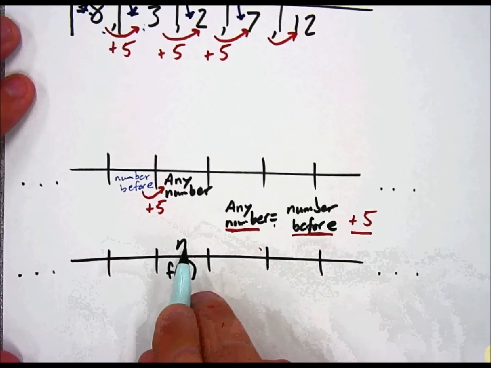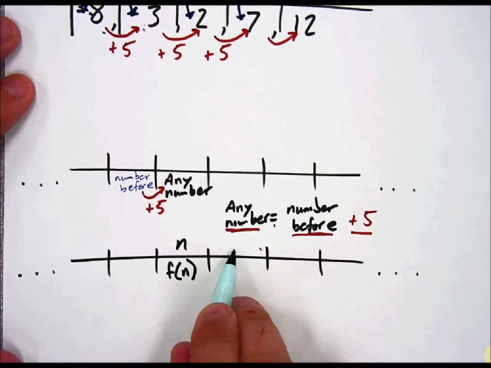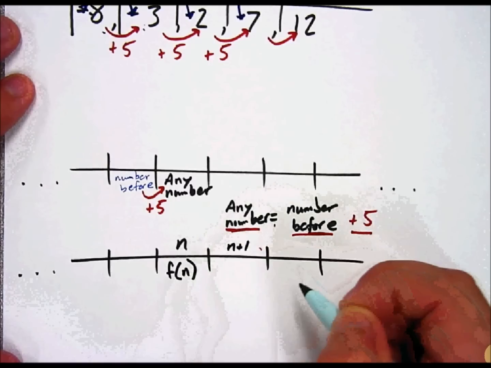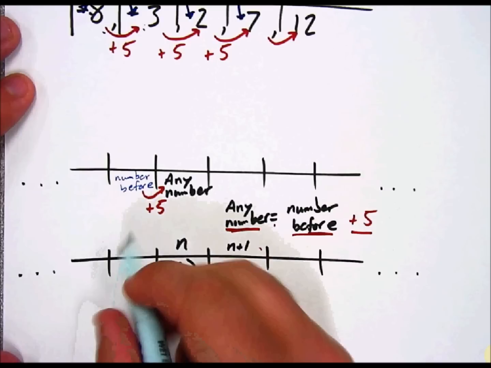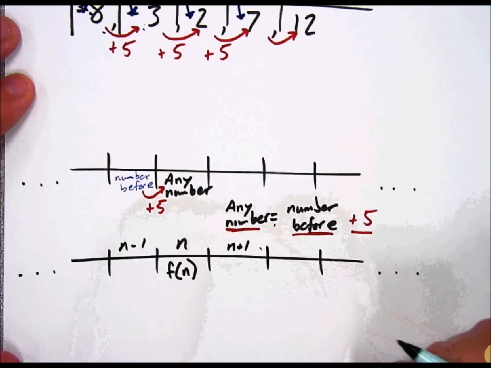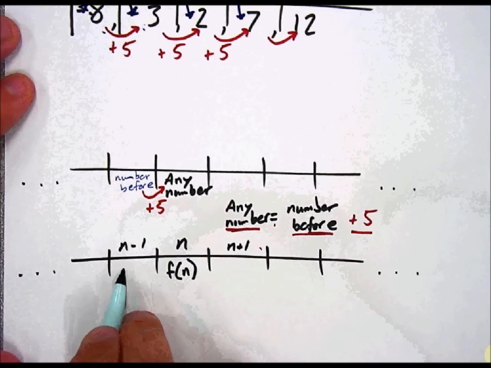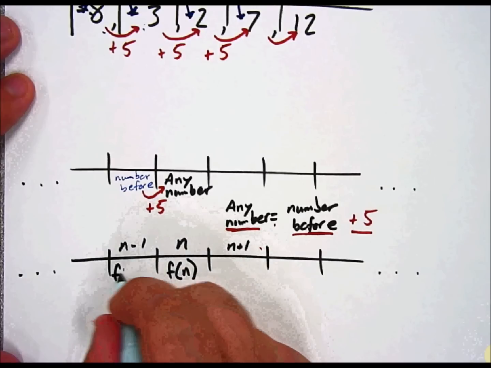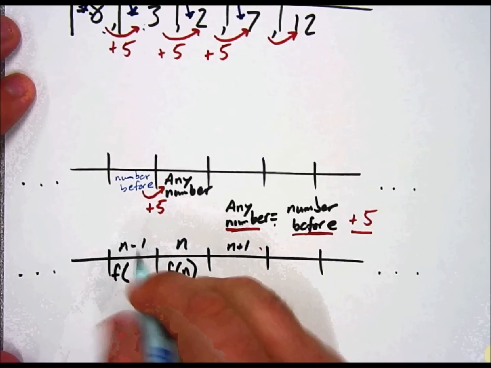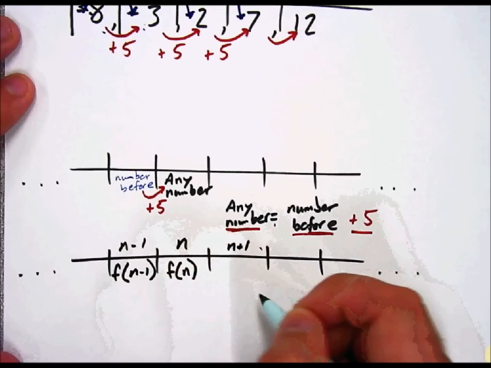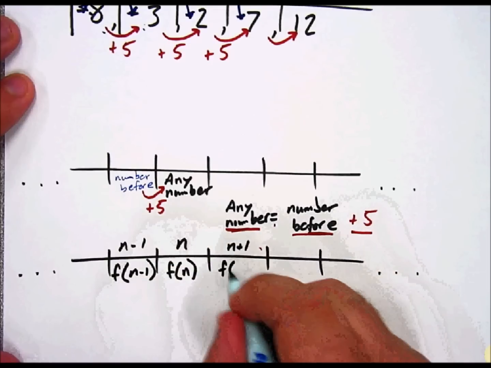If this was n, wouldn't this be 1 more than n? I could say this is n plus 1, and this is 1 less than n, so this is n minus 1. That makes this f of the input n minus 1, and this would be f of n plus 1.